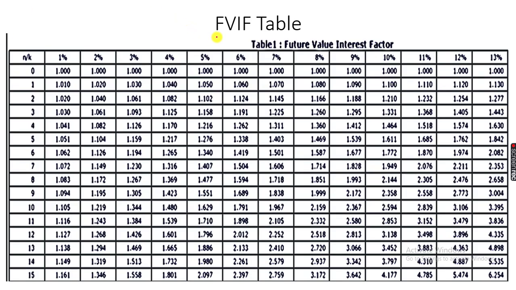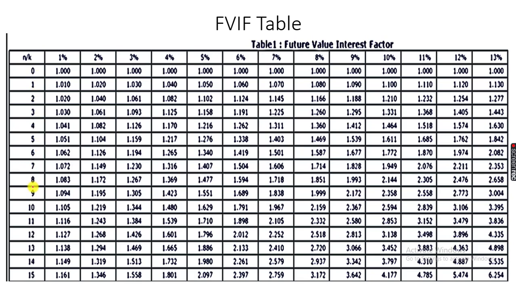Now, let us look at the future value interest factor table. The future value interest factor table is a table which contains the future value factors for different interest rates and for respective years. Interest rates are taken horizontally and number of years are taken vertically.